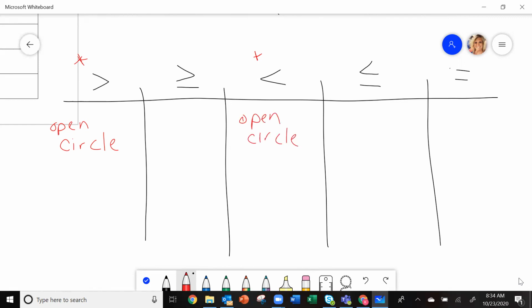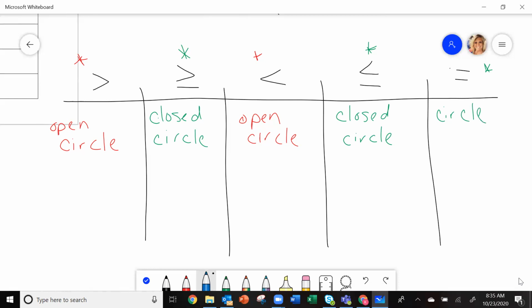When it is greater than or equal to, or less than or equal to, when the equal to bar is in there, you're going to use a closed circle. Now, that's also going to be true when you just have equal to. Well, that makes sense.